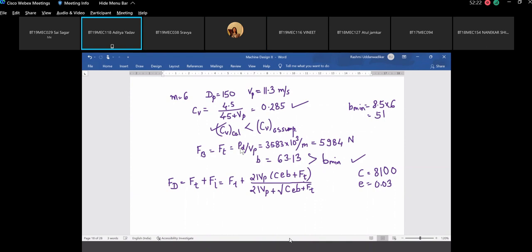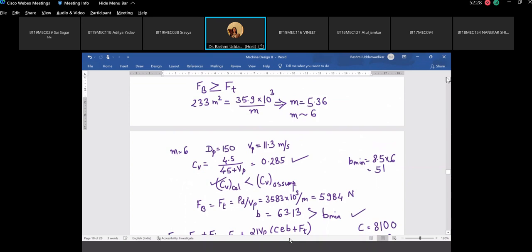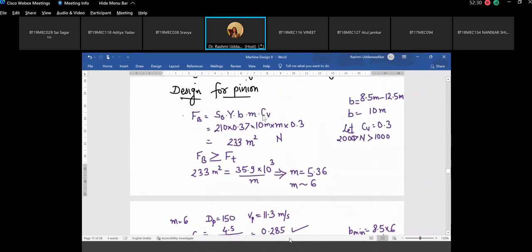No, now we are not considering that because 233 m square was with so many assumptions. Value of CV was assumed as 0.3, B was assumed as 10 m. So we are now not going for this. Initially we equated this just to get a range of m, whether it is lying in the range of 2.3 to 3 or 5.3 to 6. So we'll stick to this value of FT, not FB.